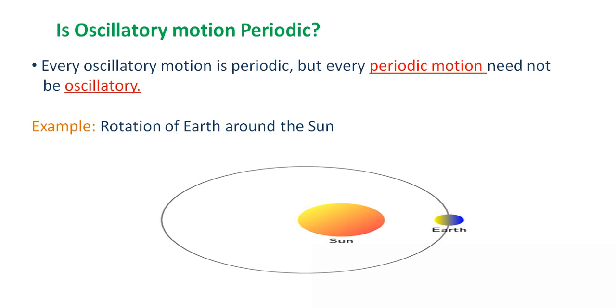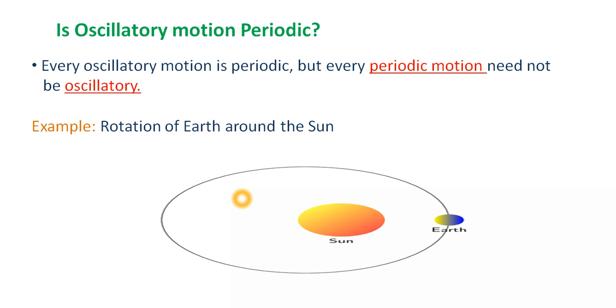And this kind of motion is periodic, because the time taken to complete one rotation is always fixed. So in every equal interval of time, Earth is covering the same distance. So obviously this is a periodic motion.